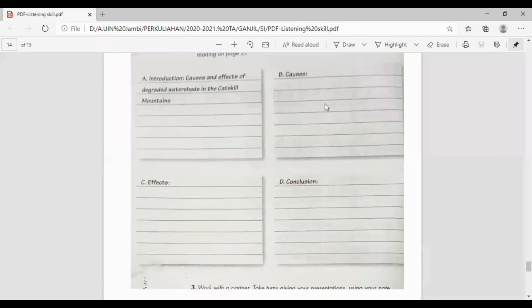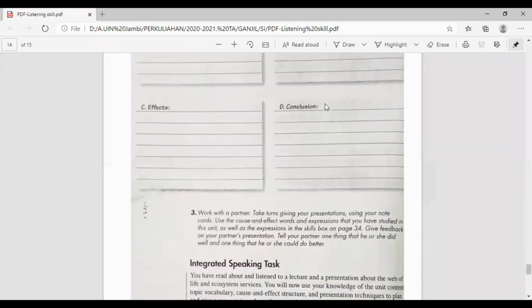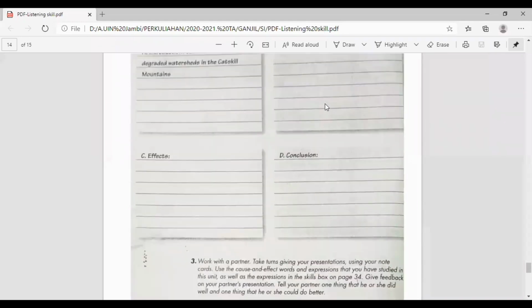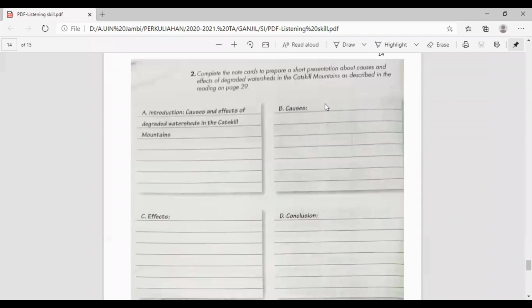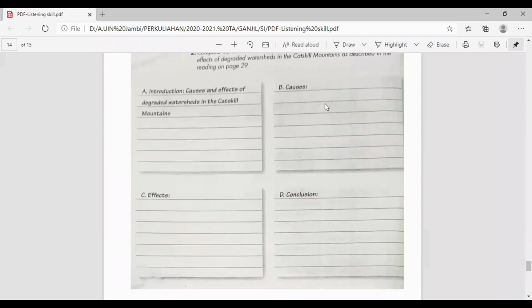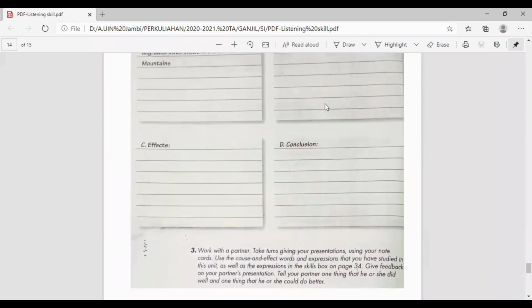To complete this, unfortunately, I didn't put the text here, but I will take the photo and then share it in our class group.